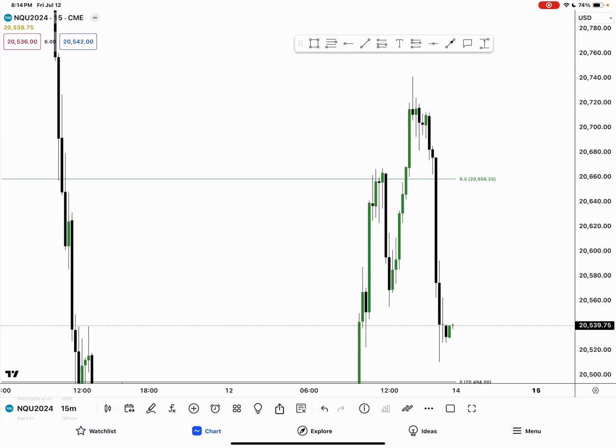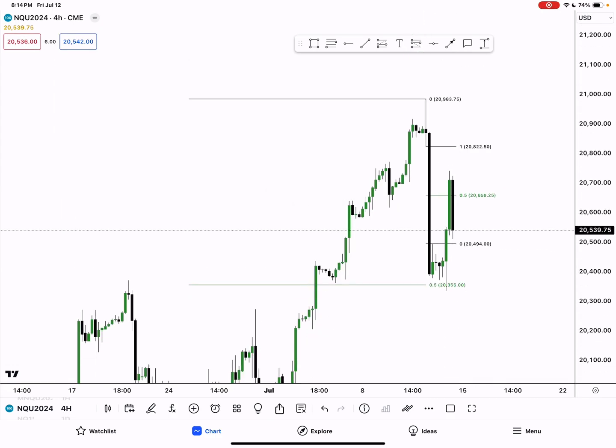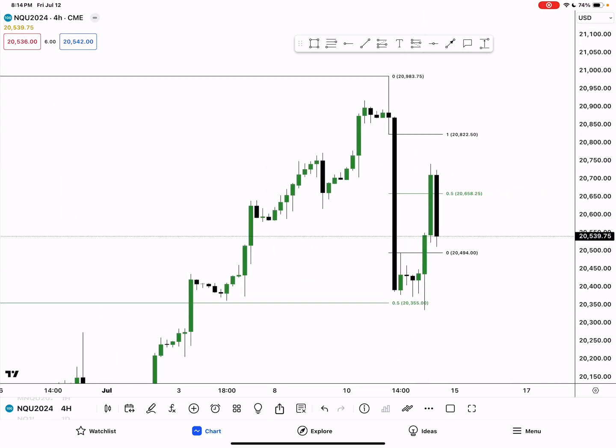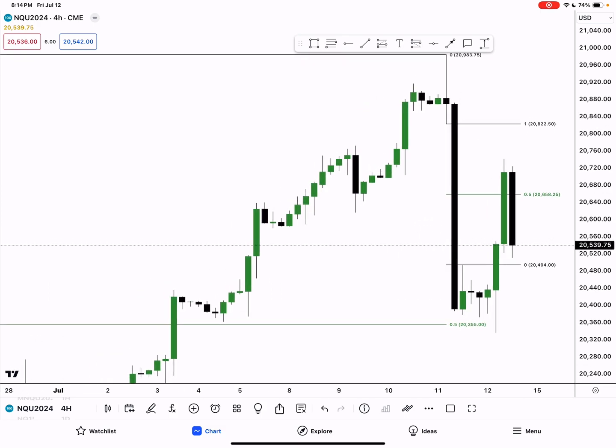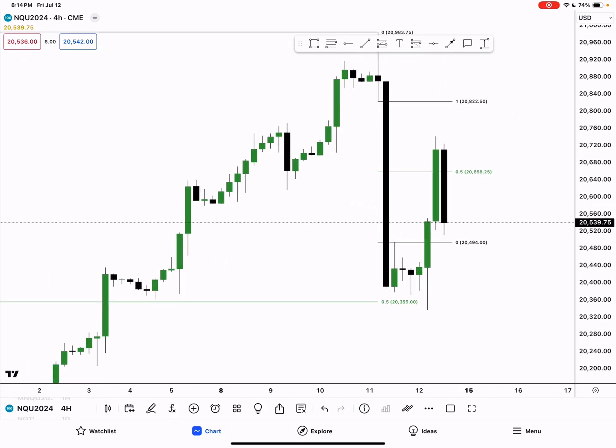Now, the reason why, start from the top. I neglected something in my system, which is I need to go time frame by time frame, or go through the levels when I'm doing this refining process.